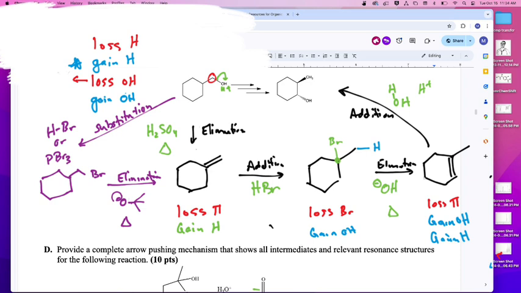Okay? And if we ran that reaction, where would the hydrogen go? Because the hydrogen is the most reactive thing. The hydrogen being positive, which of our carbons is the negative carbon, the top one or the bottom one?